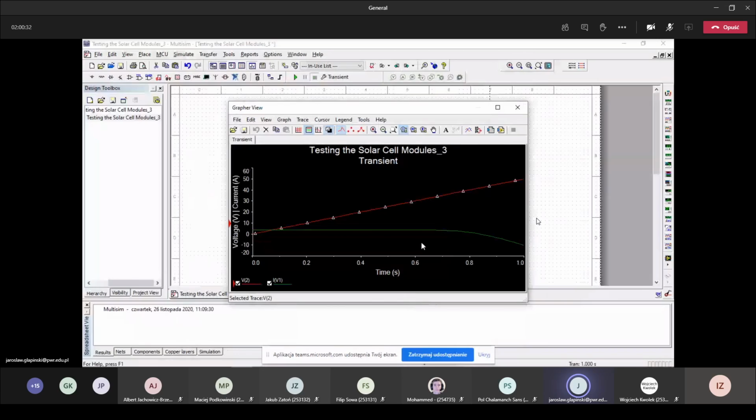Of course, it's not very well seen here, so we can move to the Excel.